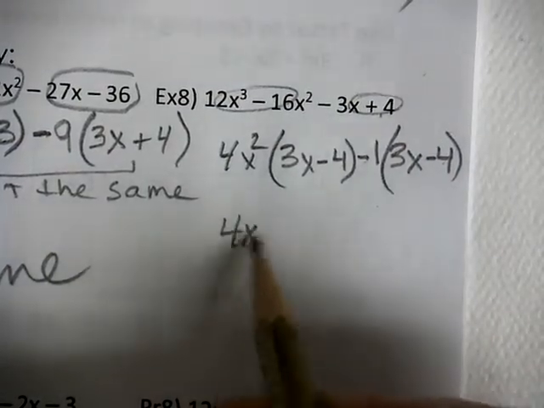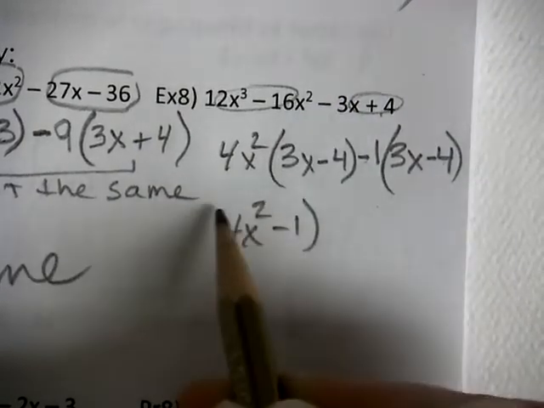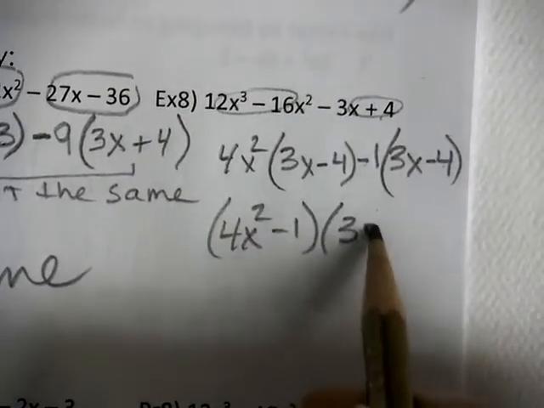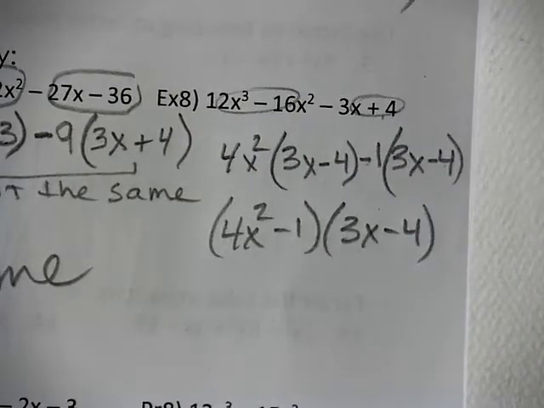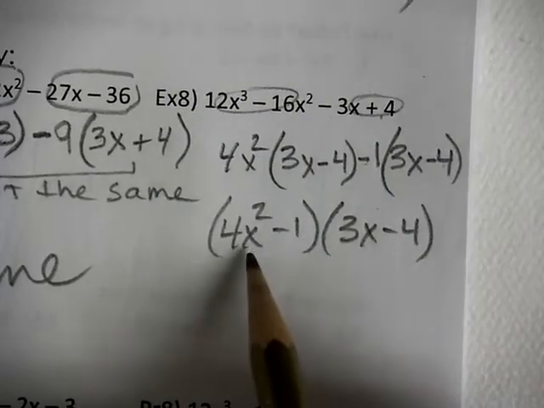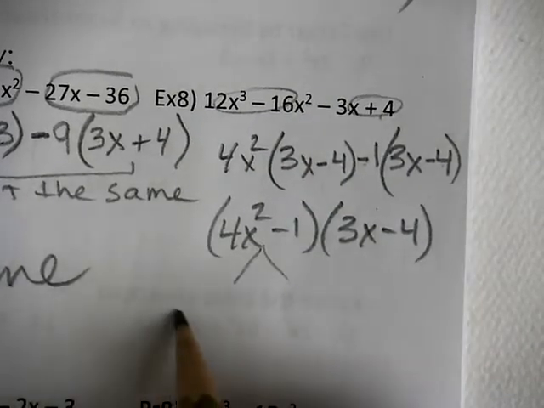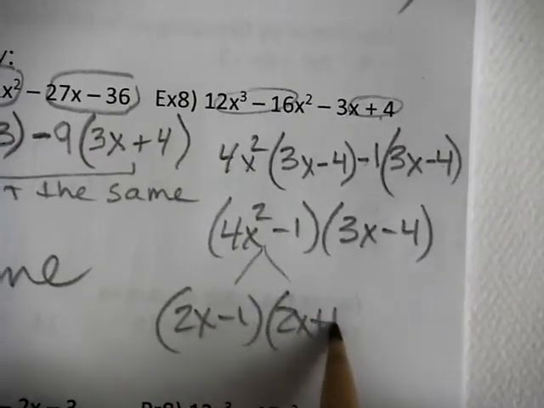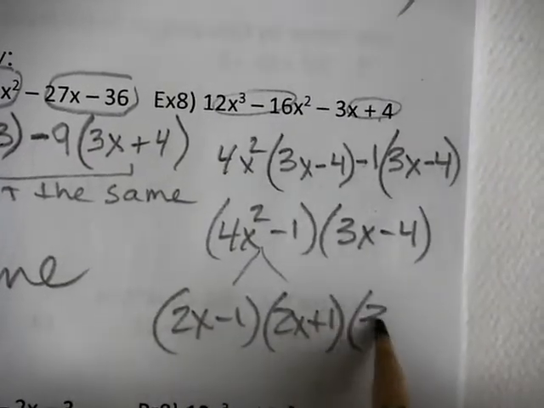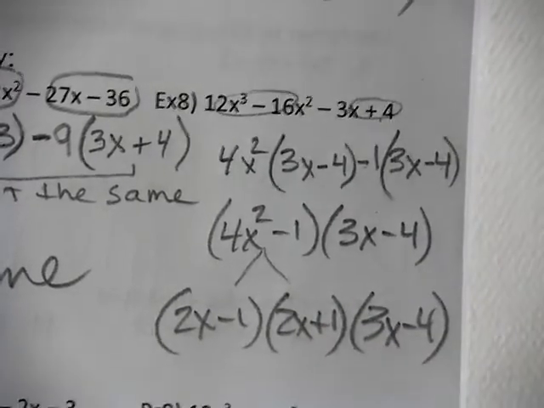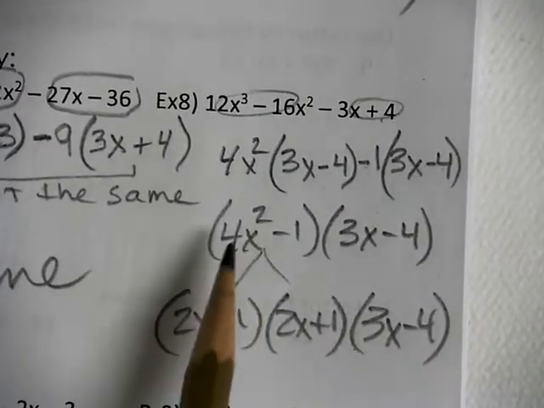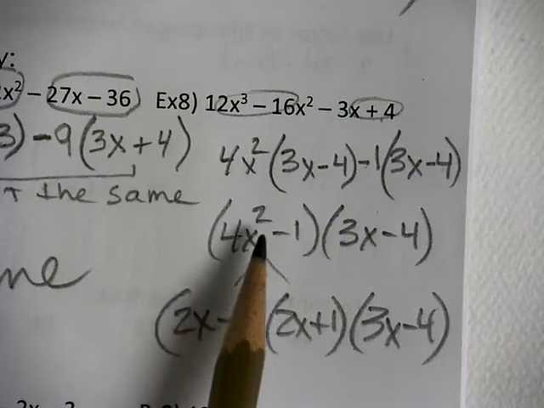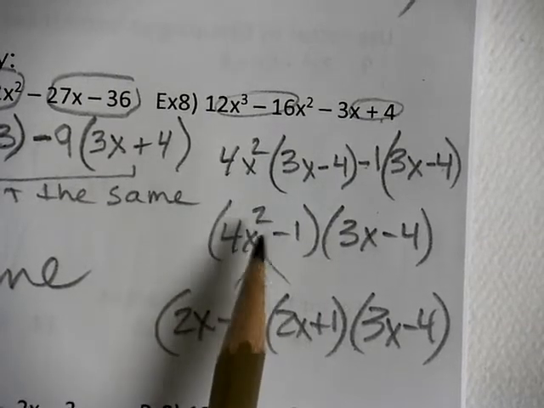So I have 4x squared minus 1 and 3x minus 4. But I have to continue factoring this down into 2x minus 1, 2x plus 1, and we have our 3x minus 4. Because that first parenthesis was the difference of two squares.